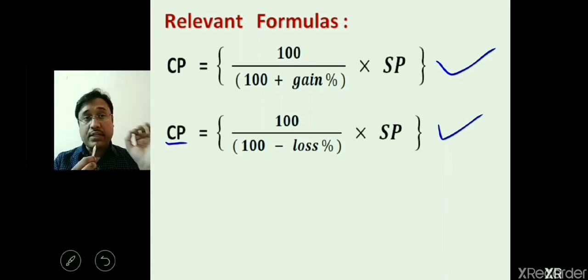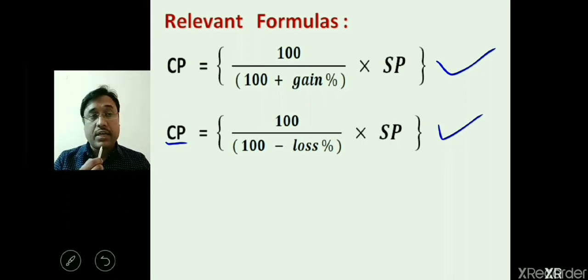Suppose that loss is 10%, then you will use only 10 here. 100 minus 10 means 90. Similarly here, if gain is 20%, you will use only 20. 100 plus 20. You will not write 20%, that is the gain percent value.